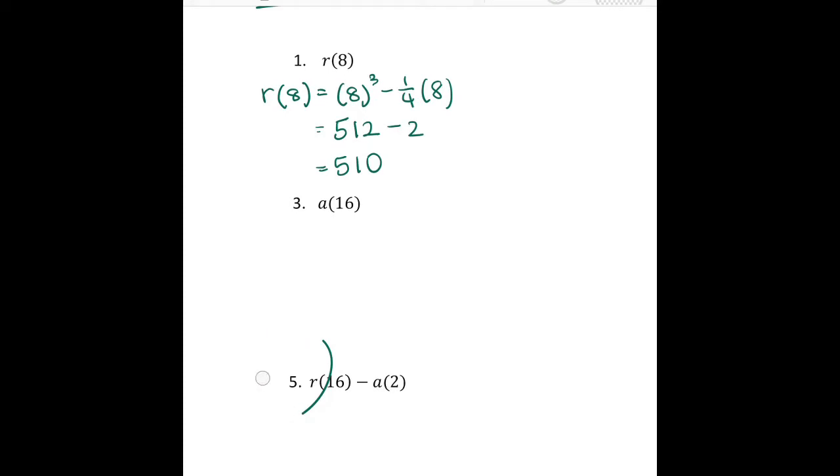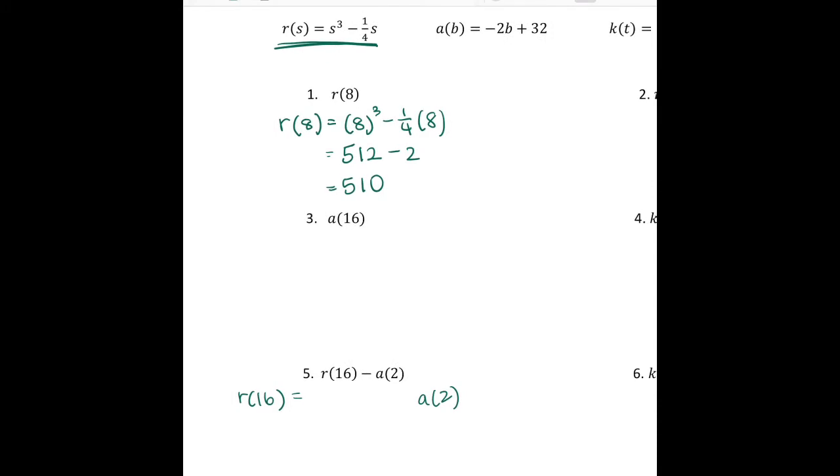Sometimes you might have more than one. In this case, it's best to find R of 16 and A of 2 and then just subtract. So R of 16 is 16 cubed minus 1/4 times 16. A of 2 is equal to negative 2 times 2 plus 32.